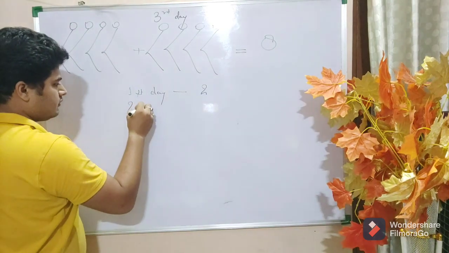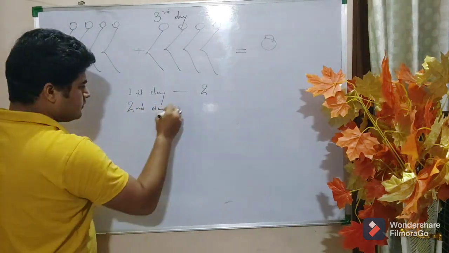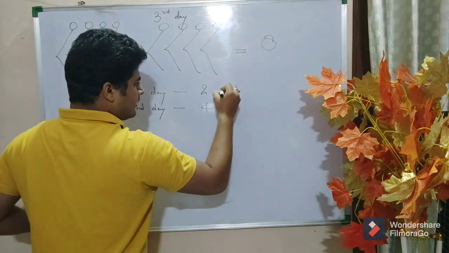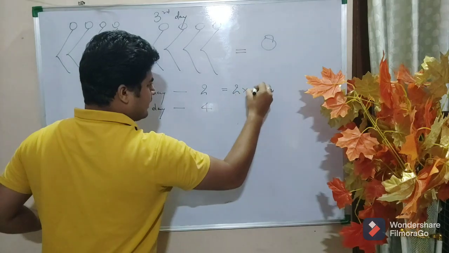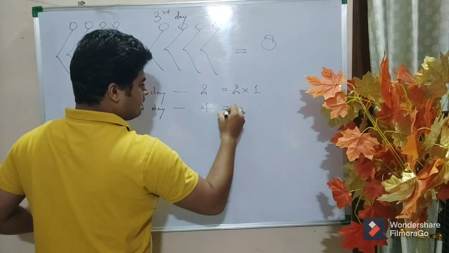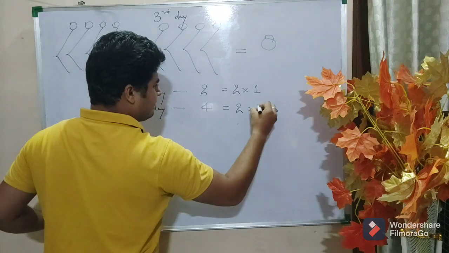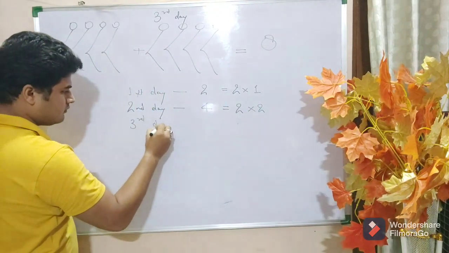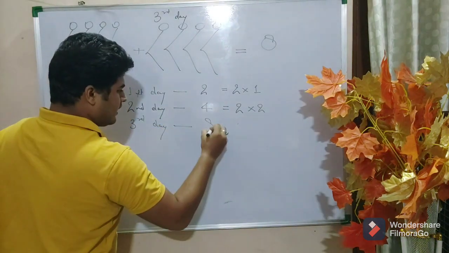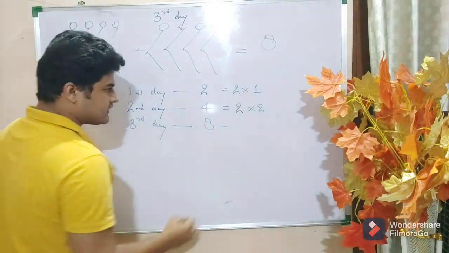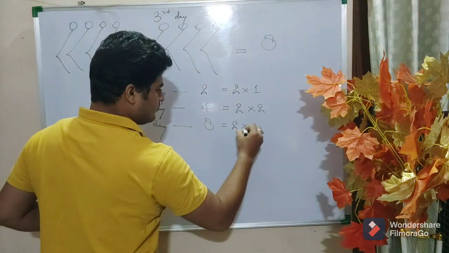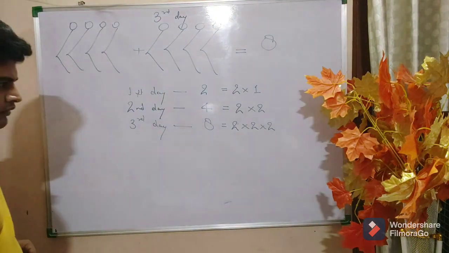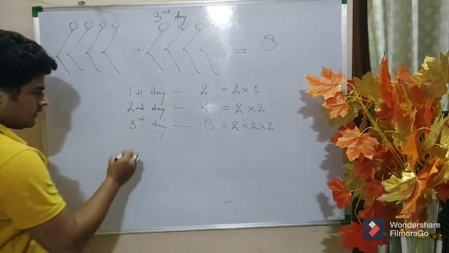On the second day, the number of patients became 4. Now 2 can be written as 2 multiplied by 1, and 4 can be written as 2 multiplied by 2. On the third day, there were 8 patients. Now this can be written as 2 multiplied by 2 multiplied by 2. Right?